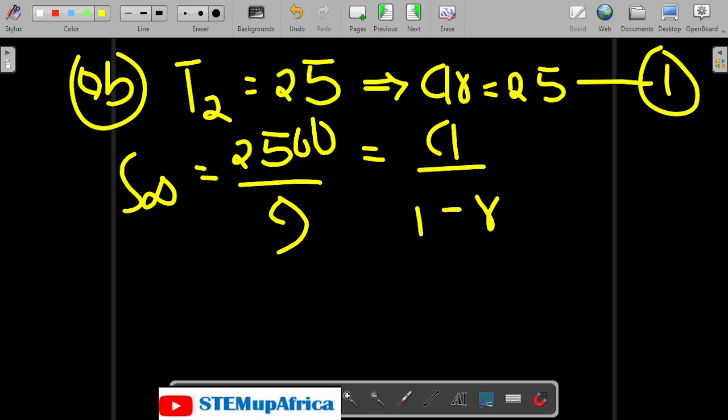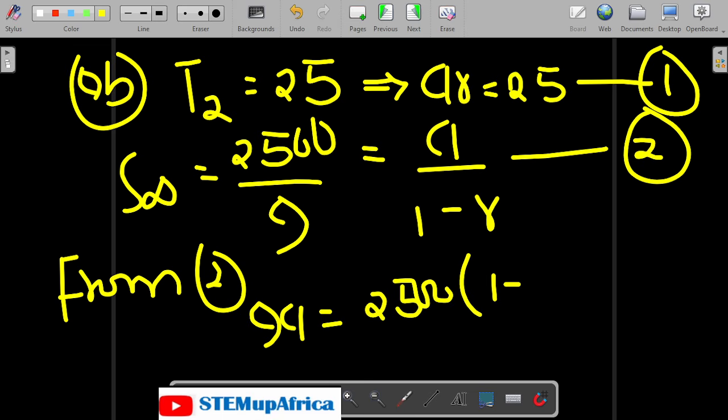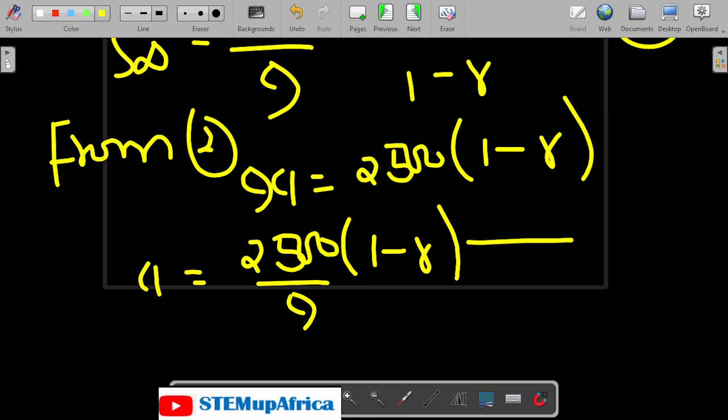Okay, so let's make this equation 2. So I will say from 2, I'm going to have 9a is equal to 2500 into 1 minus r. So what will now be my a? My a now will be 2500 over 9, okay, 1 minus r. Let's take this as equation 3.